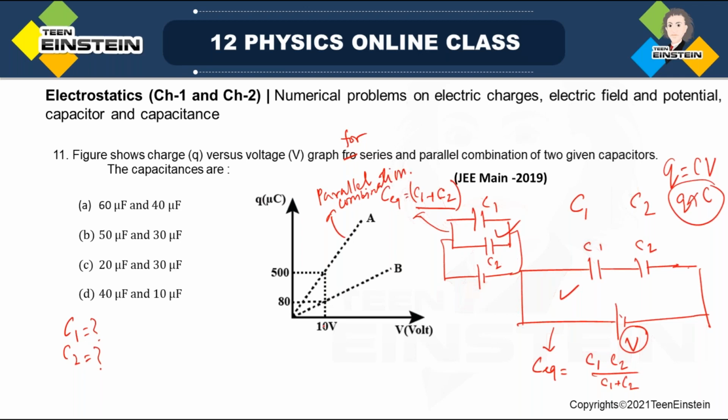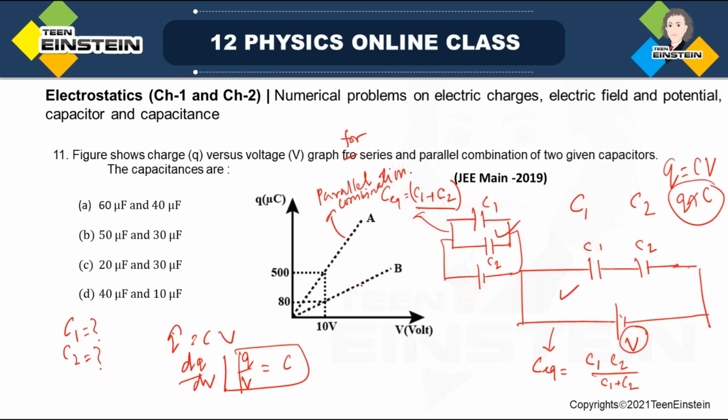Okay. So what does this see? You know, this charge is equal to C into V. So if we plot Q versus V, the slope dQ by dV, or for a linear graph Q by V, this is the slope which gives you the capacitance.